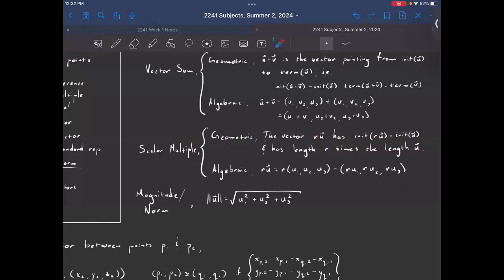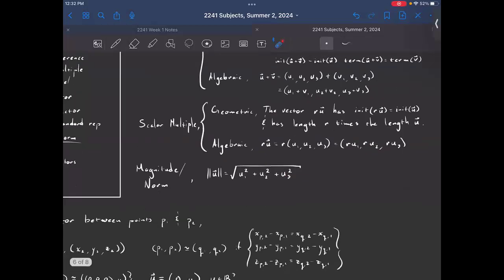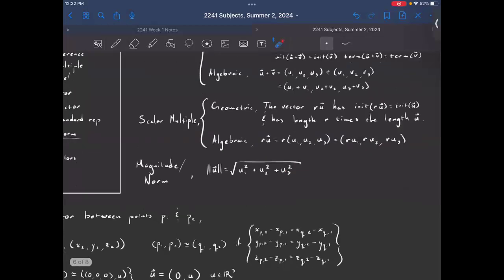And we'll see more of that on the next page and in the examples. The algebraic version just says, all right, take the components of this vector and multiply each one of them by r. So these components u1, u2, and u3 are real numbers, so is r, which means we're allowed to multiply those together.